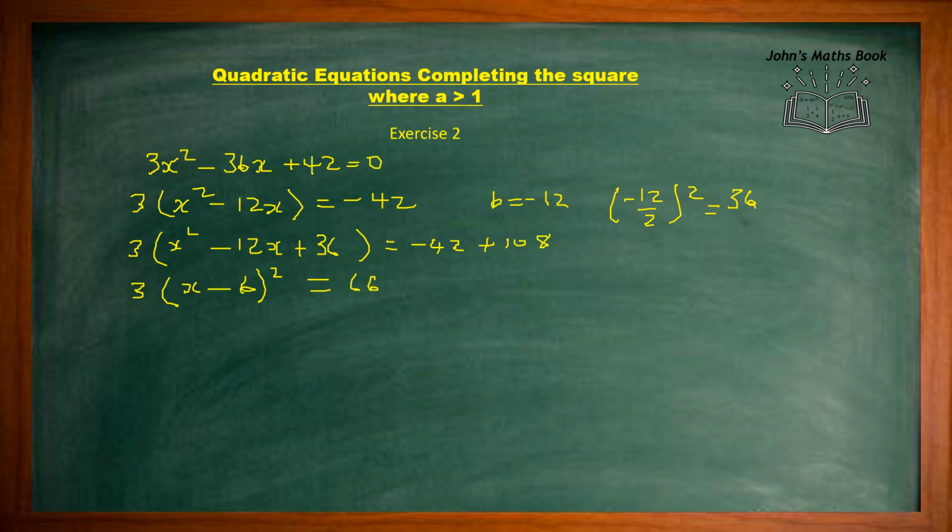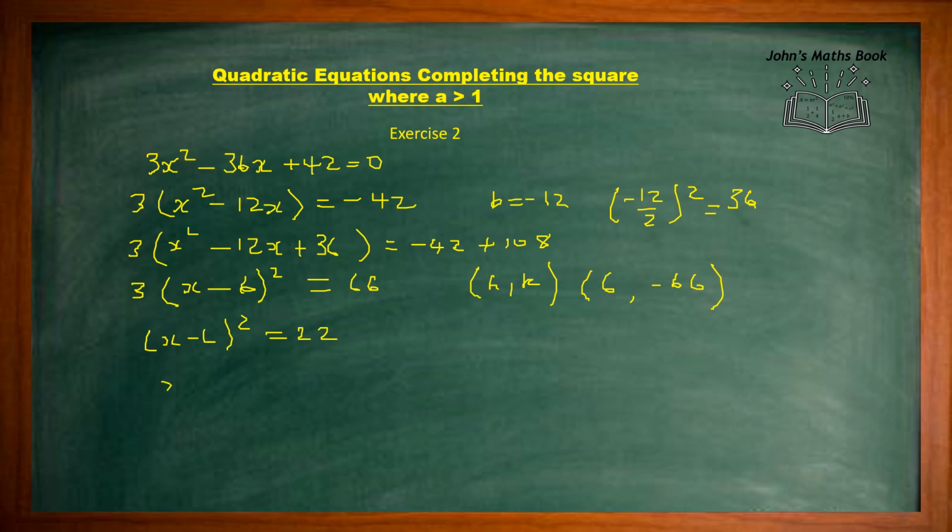So we now have the coordinates of the vertex. So h, k will be 6 and minus 66. So now if we solve this for x and find the roots of the equation, if we divide both sides by 3, we get x minus 6 all squared is equal to 22. And we square root both sides.